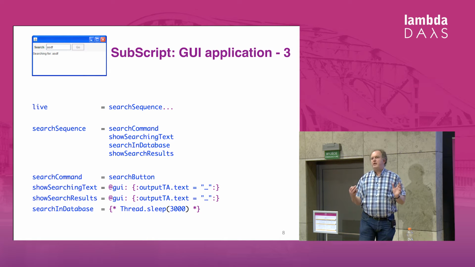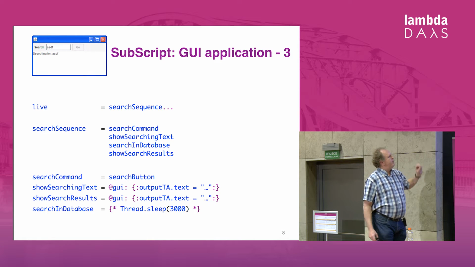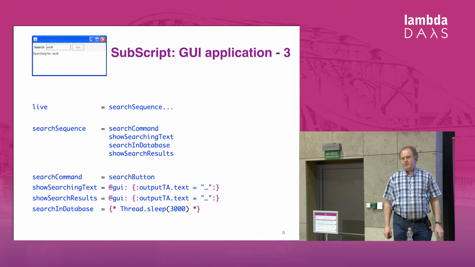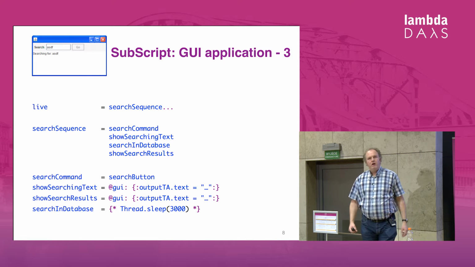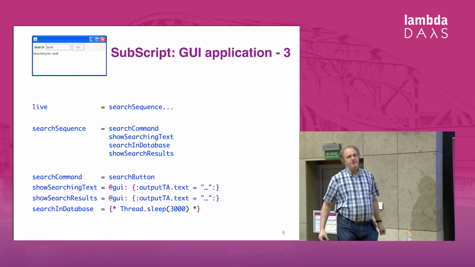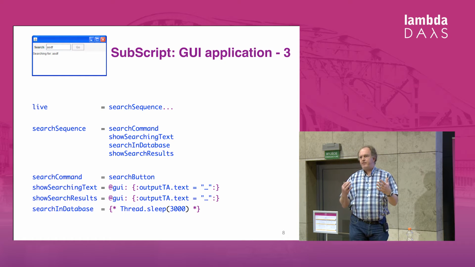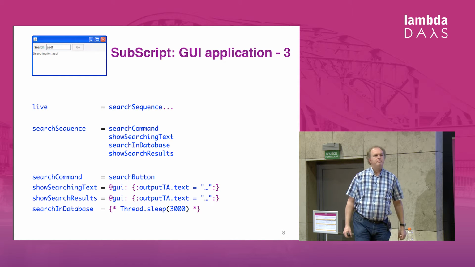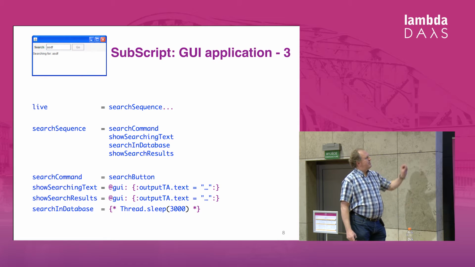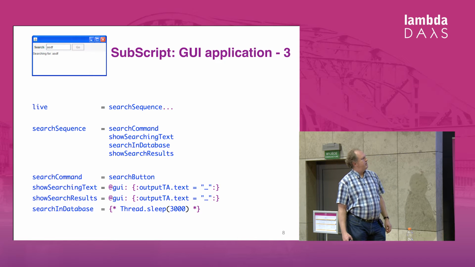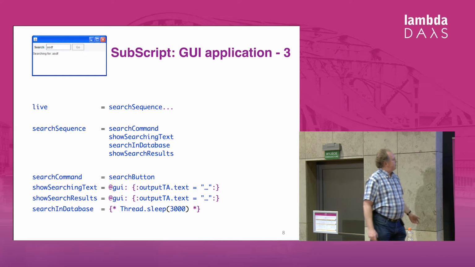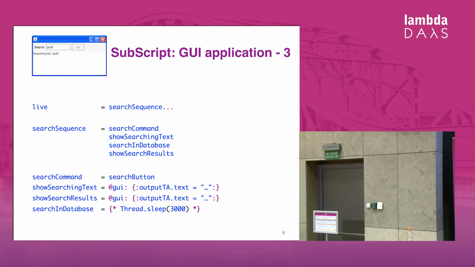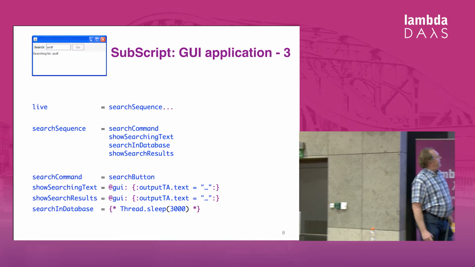Well, in the Scala style, this is in fact a kind of implicit call to a script that says the search button is being clicked. So this is kind of a shorthand notation, but what happens here is that you must click the search button. The searching text is an action.